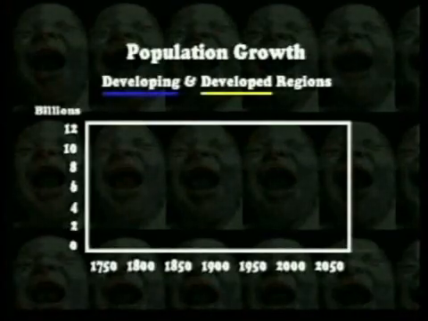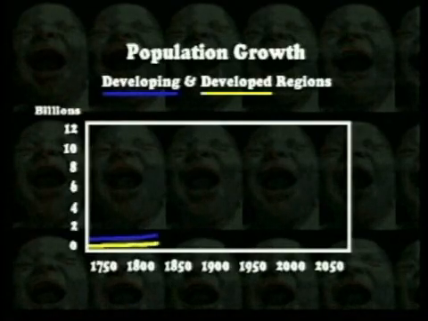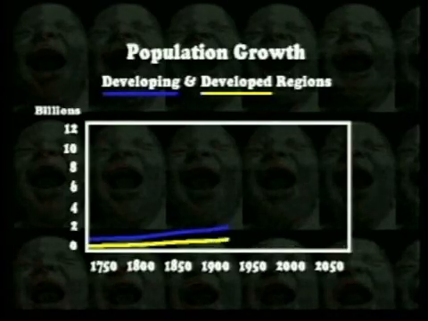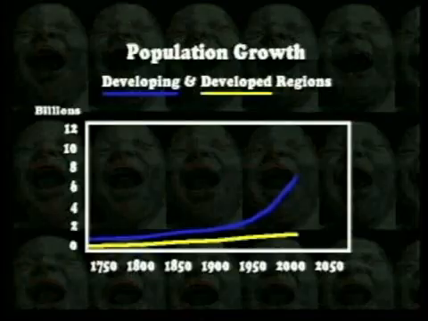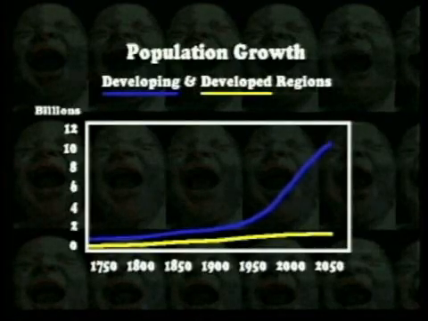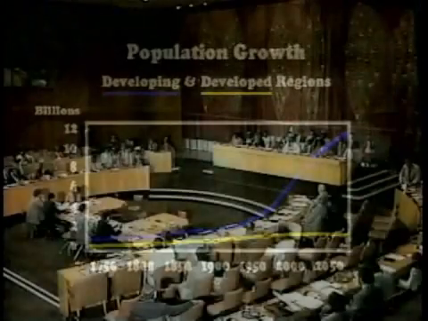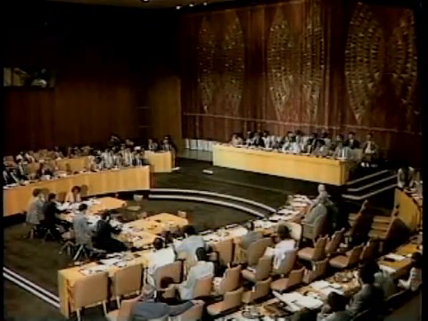This multiple line graph, for example, shows population growth trends in developing regions of the world as compared to population trends in already developed regions. As you can see, the data is projected all the way to 2050. Graphs such as this one can be very helpful to diplomats and other officials who need to plan for the future.